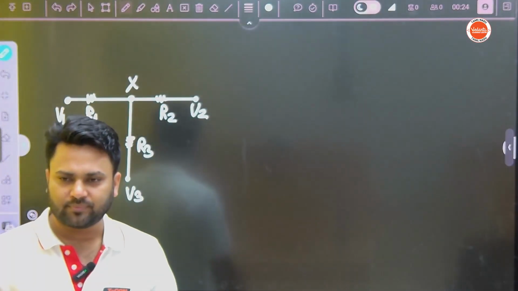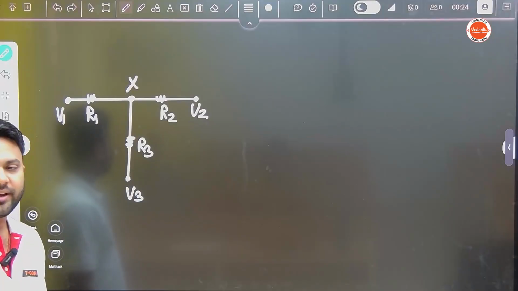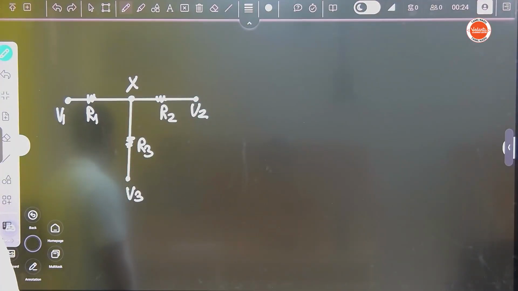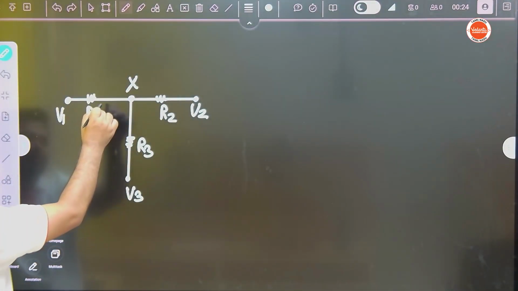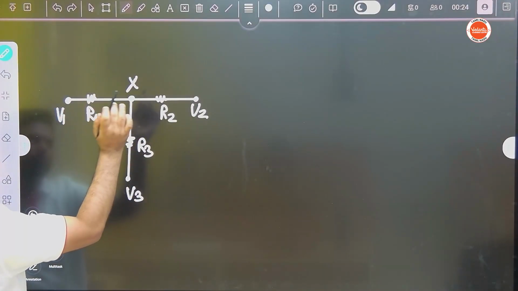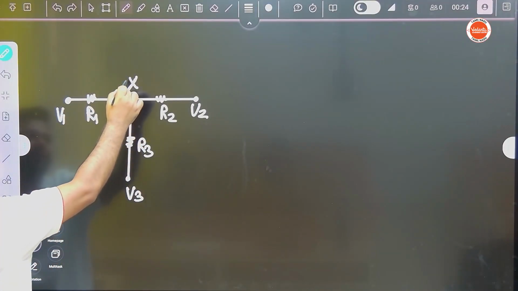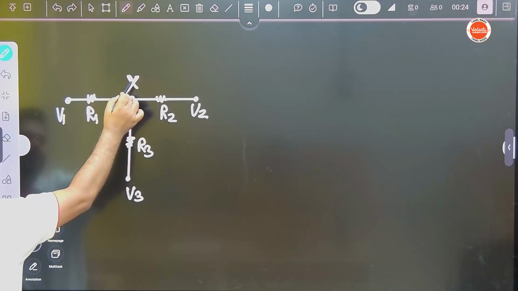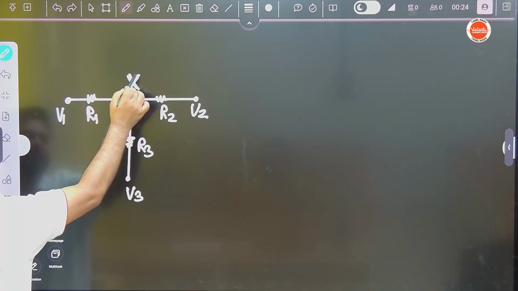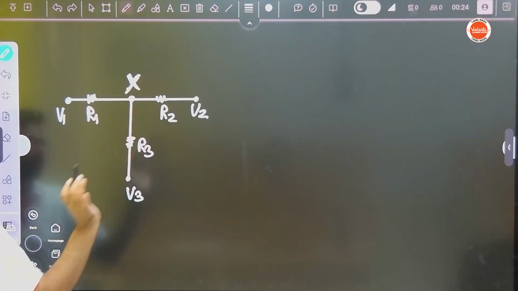We have to calculate X. How to do? We will apply Kirchhoff's current law. What it says is that at any particular junction there is no net current. Suppose we assume this voltage is higher than the neighbor voltage.